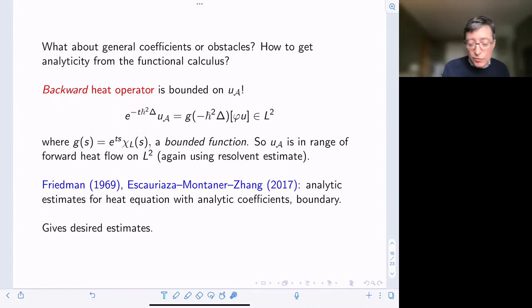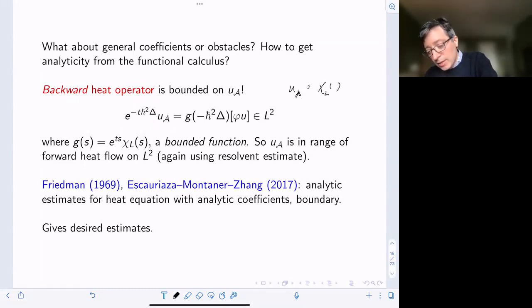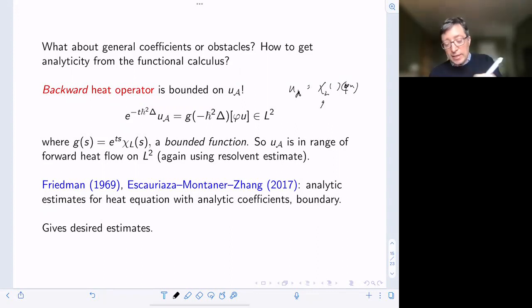So our strategy is as follows. If I have this u_A, remember u_A is this low frequency cutoff of the Laplacian applied to phi u, locally u. Well, the nice thing about this is that on the support of chi_L, I can take an exponentially growing function of S. Let's say chi_L is thought of as a function of S. Chi_L of S times e^{tS} is bounded.